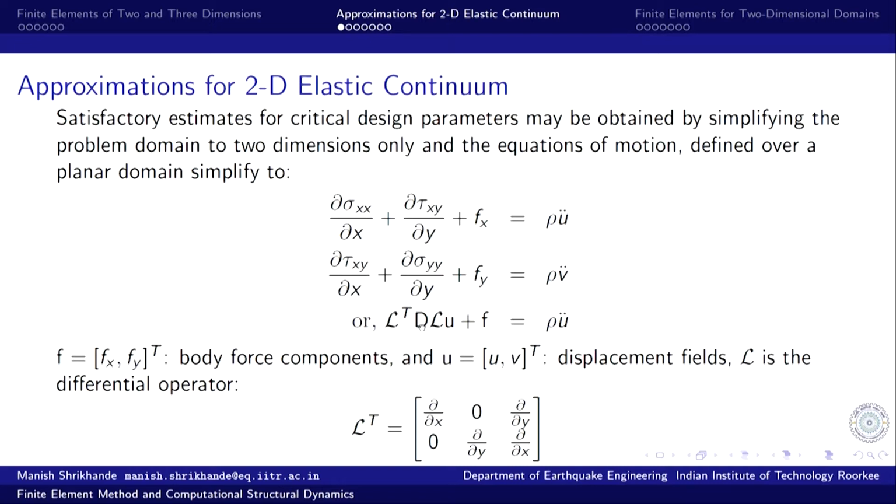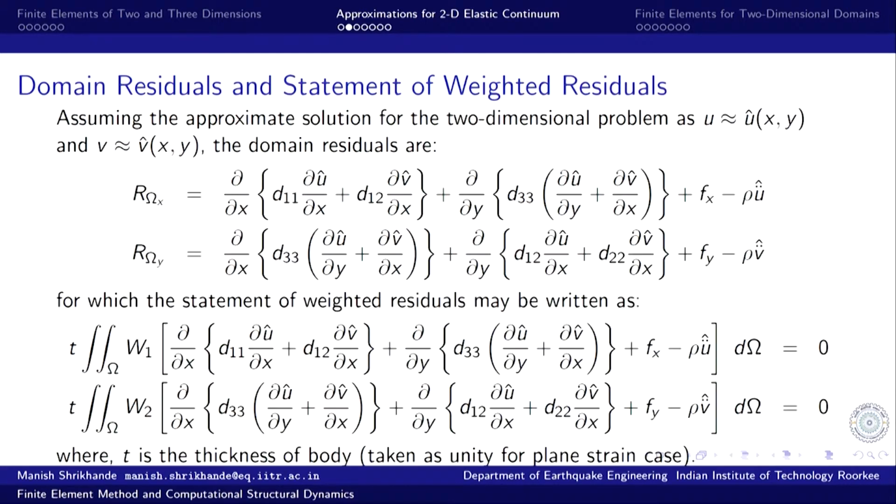So, L is the differential operator relating the strains to displacements, and L transpose is the transpose of that operator, and this is what we have for 2 dimensional elasticity, and f is the vector of body force components in x and y direction, and u is the vector of displacements.